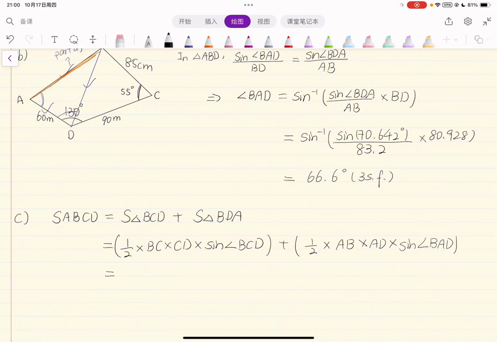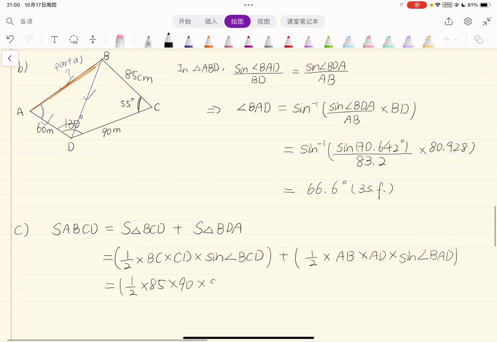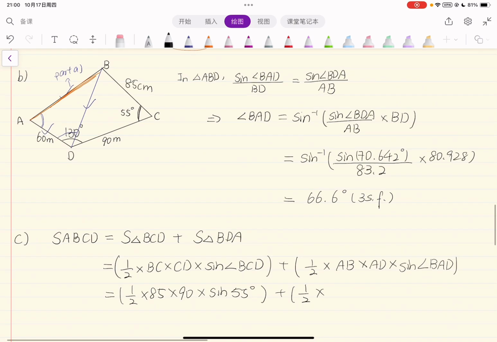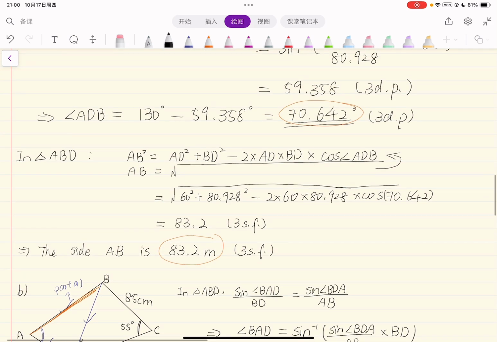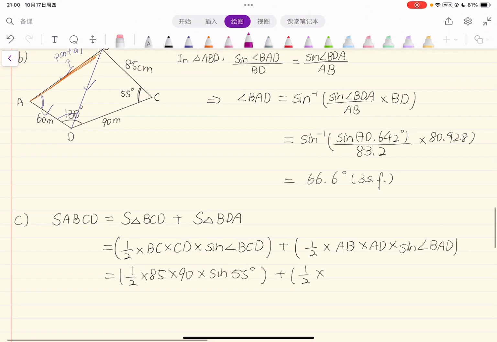So equals half times 85 times 90 times sine 55 degrees plus half times the side AB, which is 83.2, times AD, that is 60, times sine the angle BAD, which is here, 66.6 degrees.